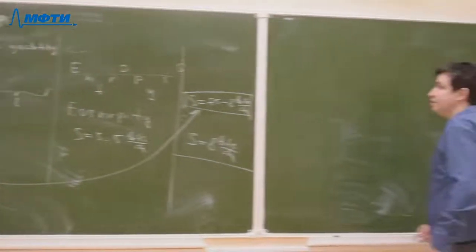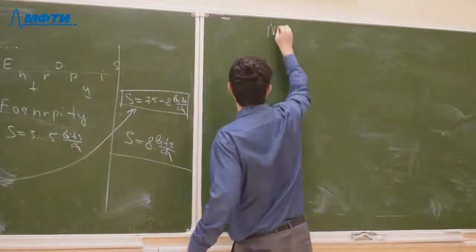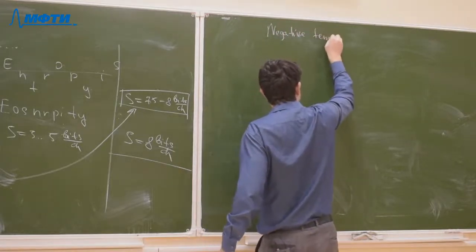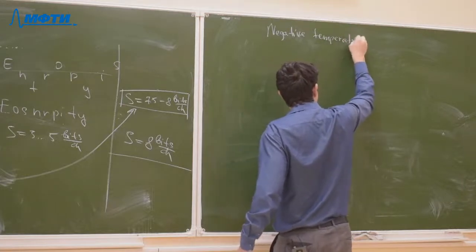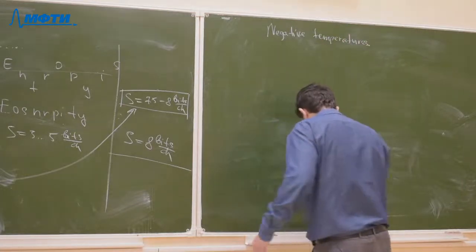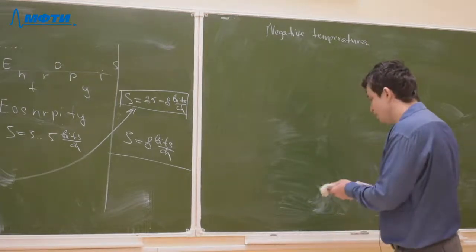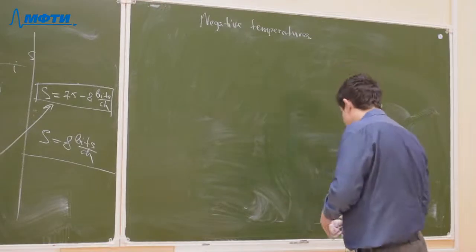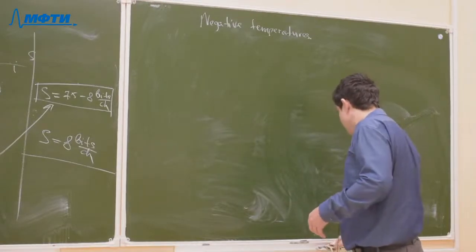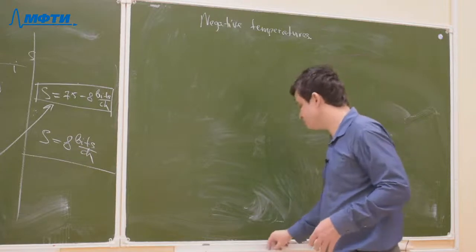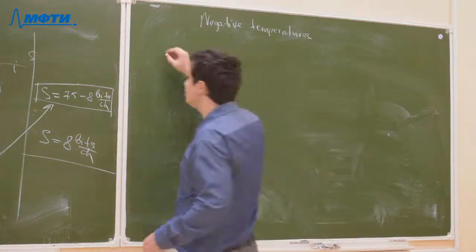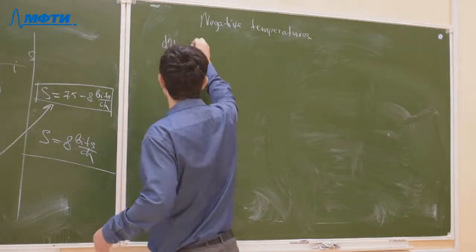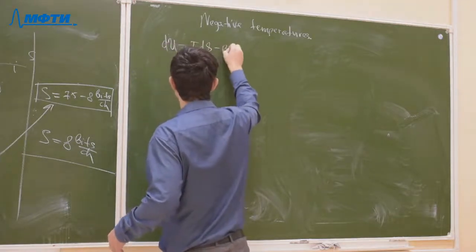Next, let's discuss the problem of negative temperatures. So first of all, let's start with some definition of temperature, which can be related to probabilities. We know that the internal energy obeys the following formula: dU is TdS minus PdV.